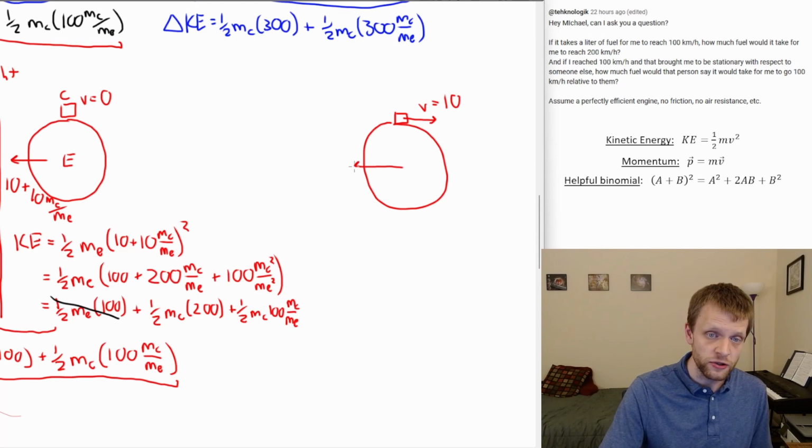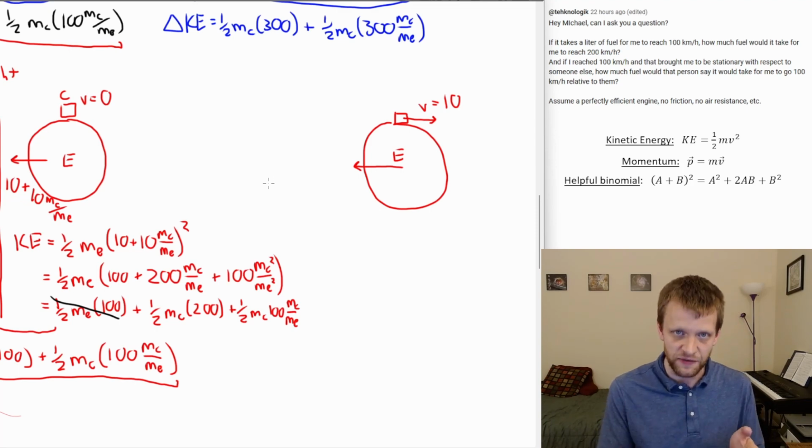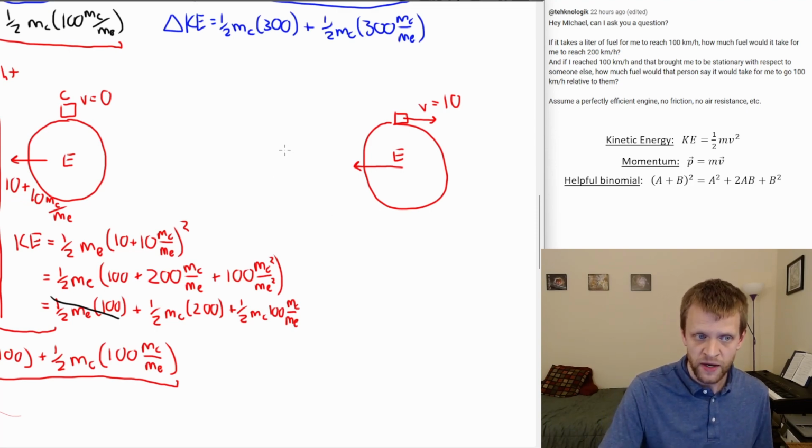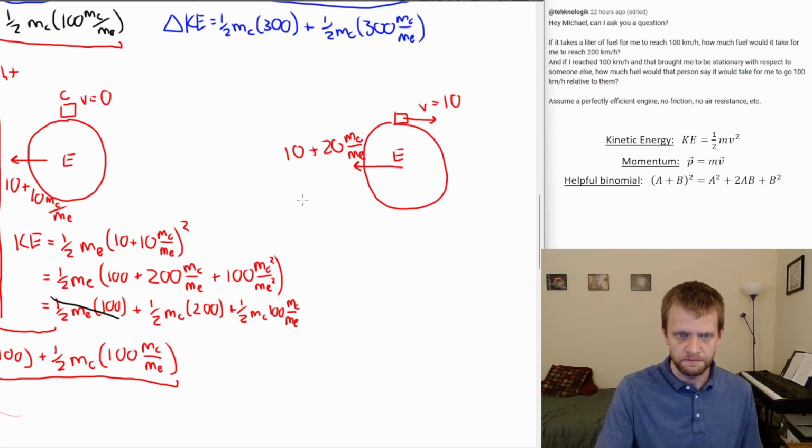The Earth is still going to go through a little bit of recoil. In the previous part we had it moving at 10 meters per second in this moving reference frame, plus 10 mc over me. Basically, we get another 10 mc over me in order to satisfy conservation of momentum. So we have 10 plus 20 mc over me. Again, that's just required for conservation of momentum.